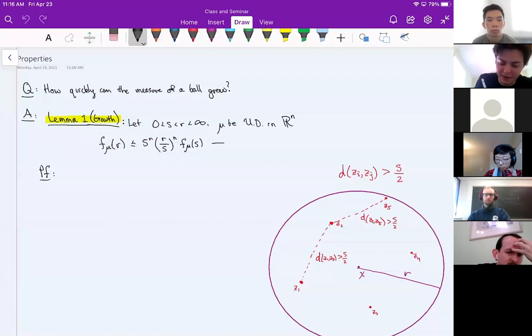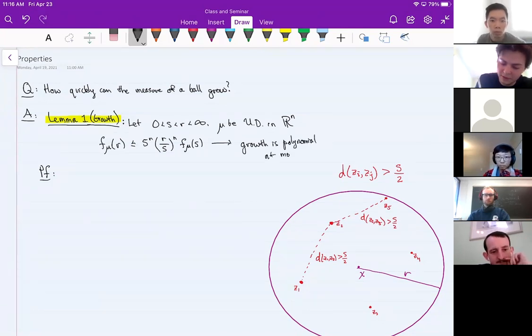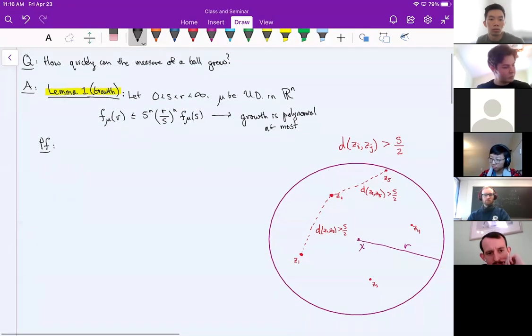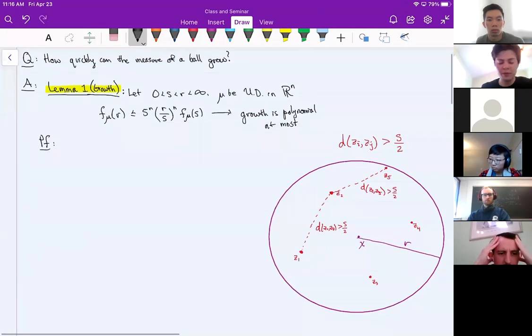So really what this says is that growth is polynomial, at most, where it's r to the n. So it grows at most like Lebesgue measure grows.